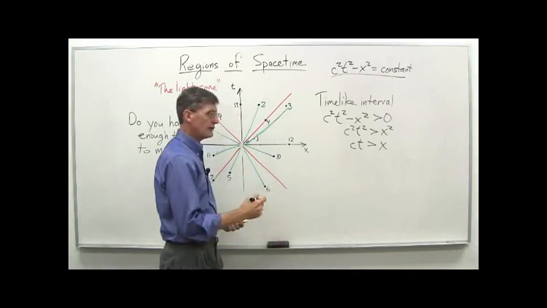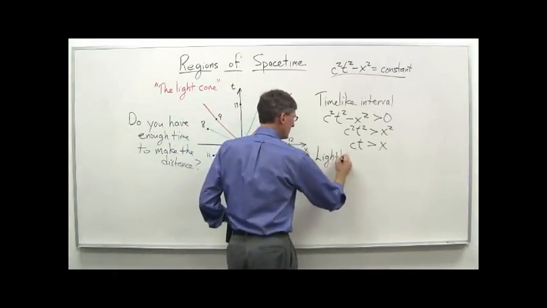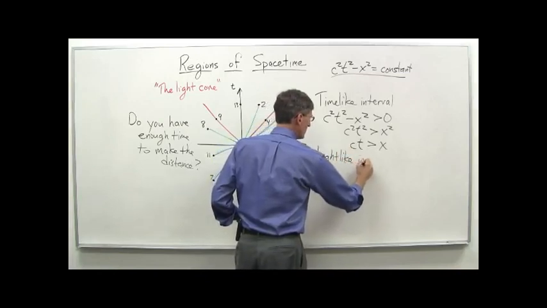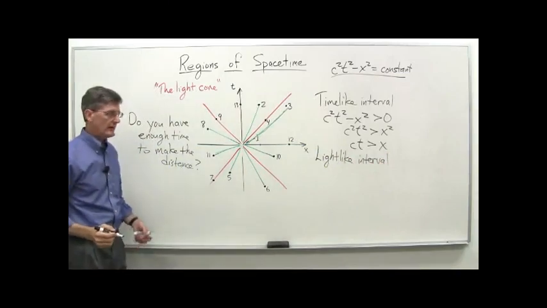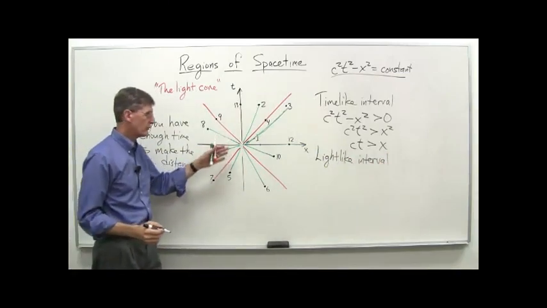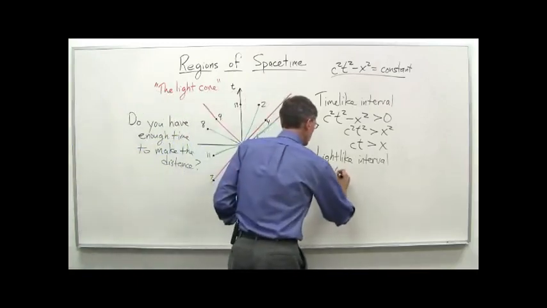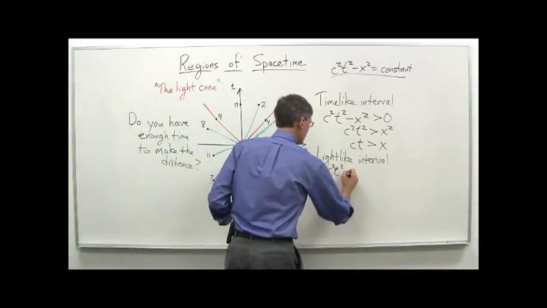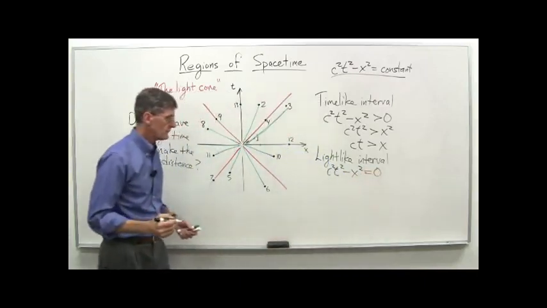And the next one is actually called a light-like interval. And as you might guess, just from the name, this is when you do have things going at the speed of light. In that case, you have the invariant interval c squared t squared minus x squared equals 0.